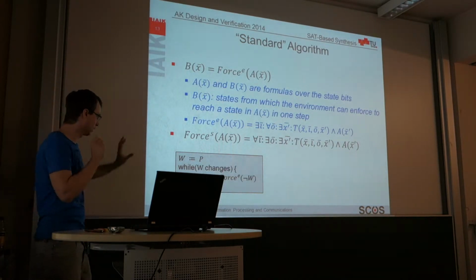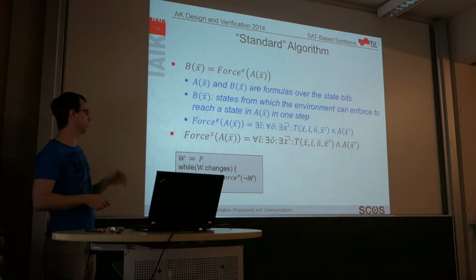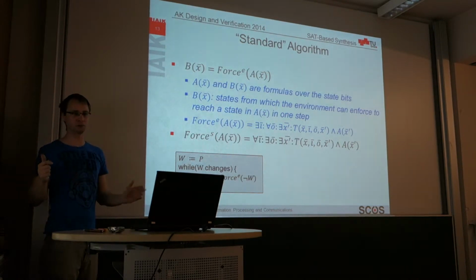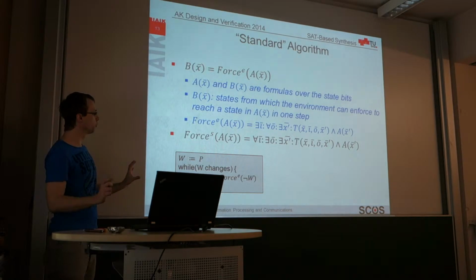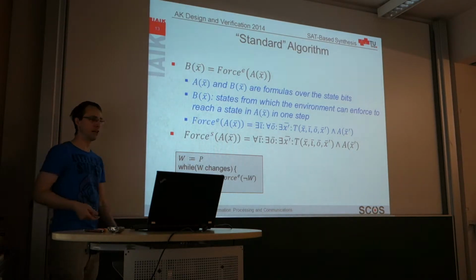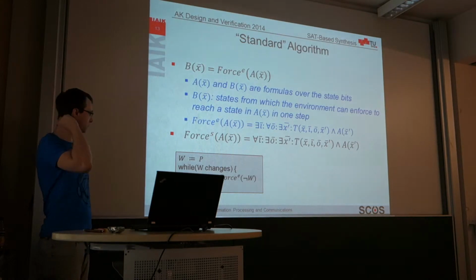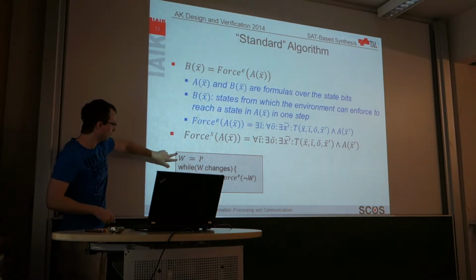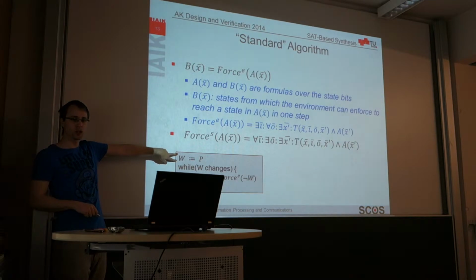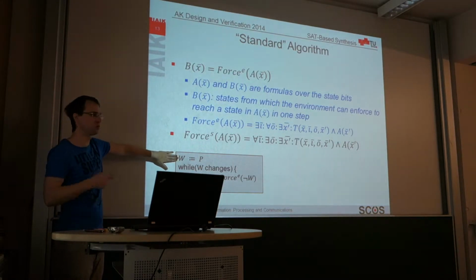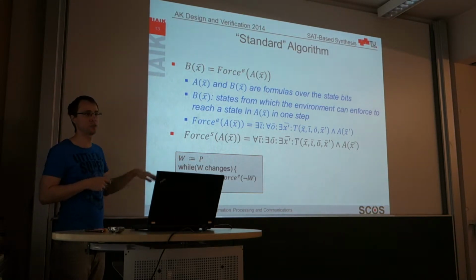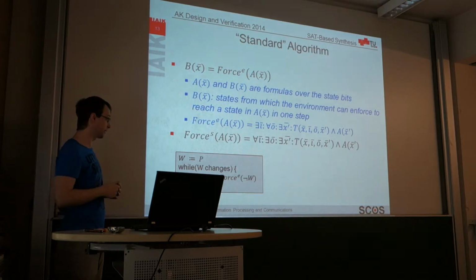Good. How can we now use these force functions to define an algorithm which computes the winning region for a safety game? You've seen this algorithm a couple of times already before, from several perspectives: from a mu calculus perspective, from an algorithmic perspective, from an example perspective. Here it is once more. We start our computation of the winning region by saying the first version of the winning region is simply the set of all safe states.